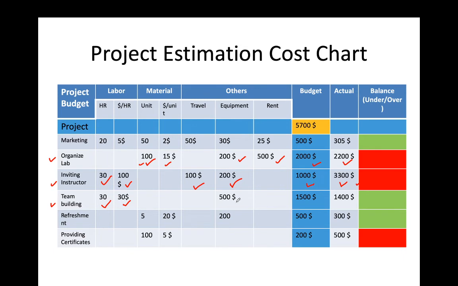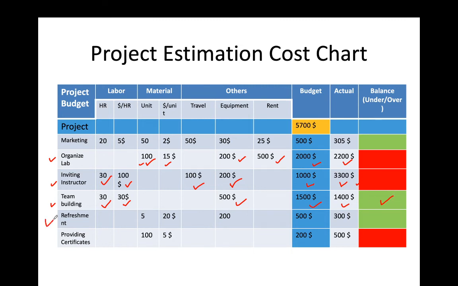And the equipment we will need, we keep 500 US dollar for that. So the combined cost will be 1400 US dollar. Our budget was 1500, but our actual cost is 1400. This means this is under the budget.